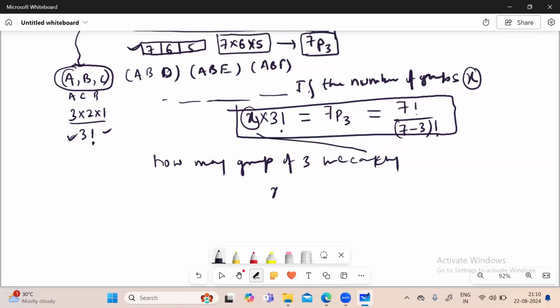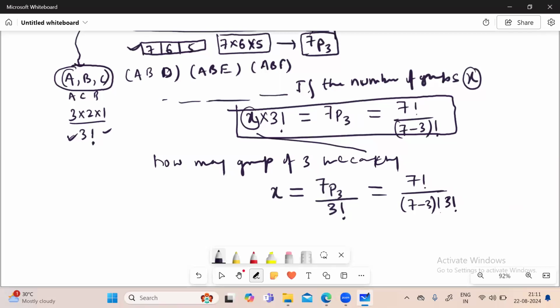So we'll say x is equal to 7p3 divided by 3 factorial, or you can put that in this formula: 7 factorial divided by 7 minus 3 factorial into 3 factorial.